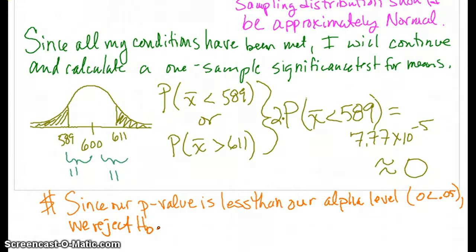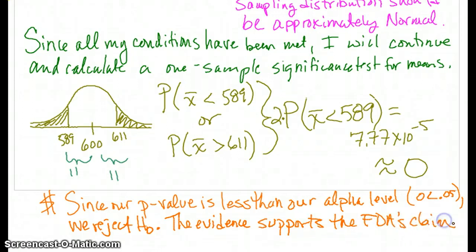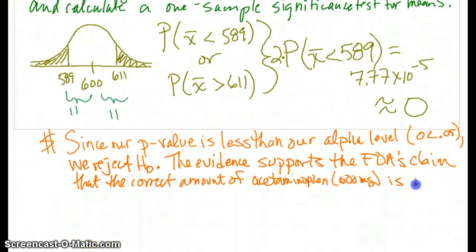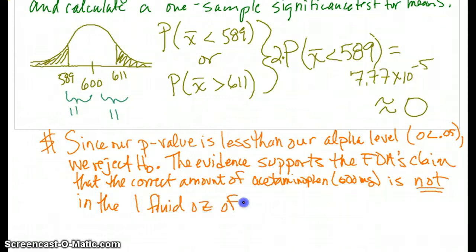The claim here is based on the FDA, so the evidence supports the FDA's claim that the correct amount of acetaminophen, which is 600 milligrams, is not in the 1 fluid ounce of medicine. Or something fishy is going on.